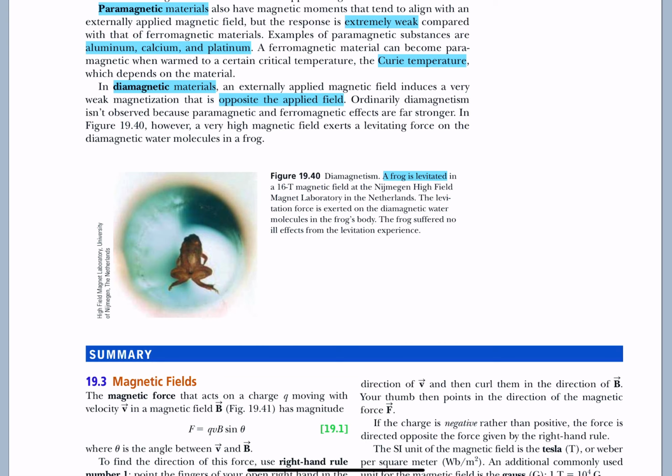And you can see in figure 19.40 a frog levitating in a super, super strong magnetic field. Remember, the Earth's magnetic field is about a 10,000th of a Tesla. Here you have 16 Tesla. And of course, this is a very, very technologically and biologically important phenomenon to be able to levitate frogs.